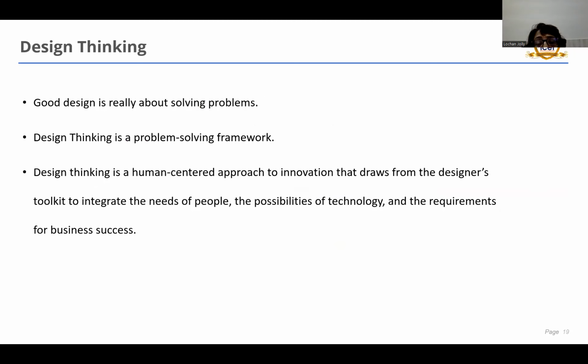Although both are human centered, and definitely you have empathy in place, design thinking is not only human centered, but is also looking to make an approach and innovation. I have been telling you the difference between innovation and ideation.